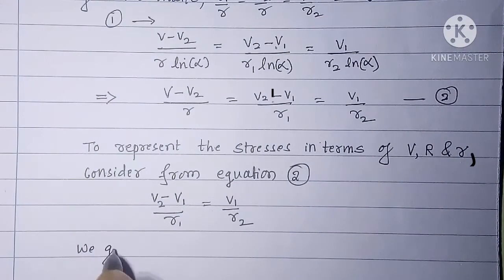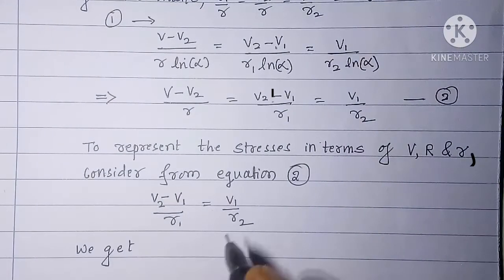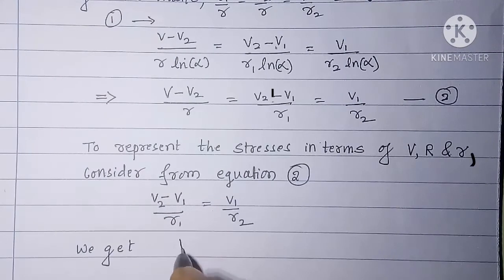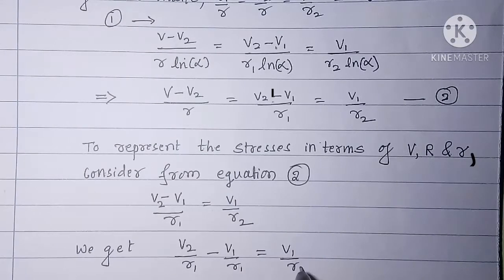We get V2 by R1 minus V1 by R1 equal to V1 by R2.